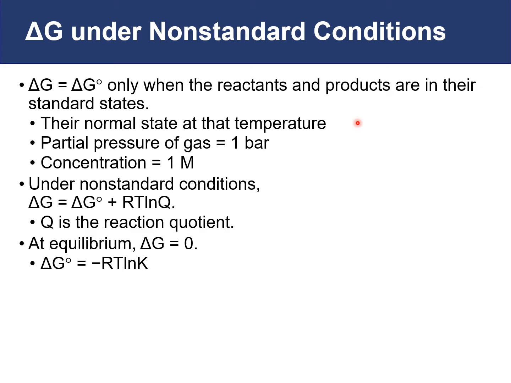Or water, H2O, in the form of a liquid at 25 degrees Celsius is its standard state. Water vapor and ice, or water as a solid, are non-standard state conditions because those are not the normal state at that particular temperature.